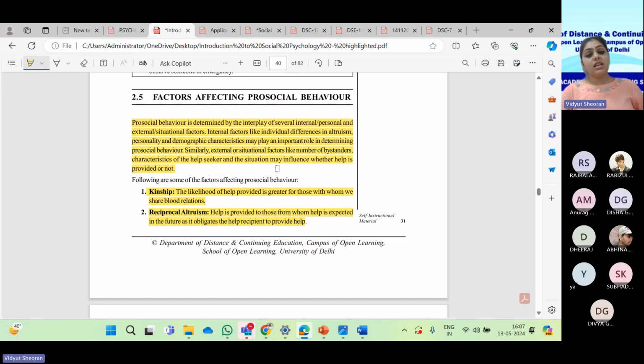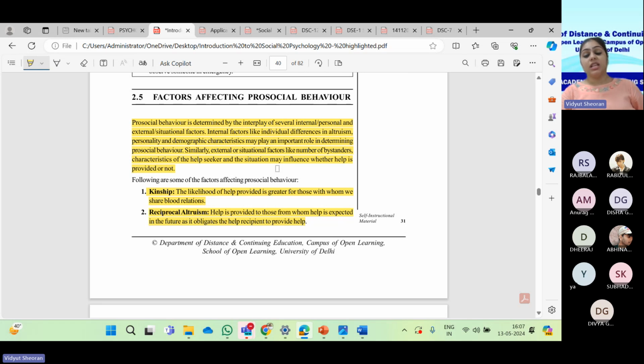So now let us see the factors which affect pro-social behavior. Factors could be internal as well as external, which play a very important role in determining pro-social behavior. So factors like kinship.